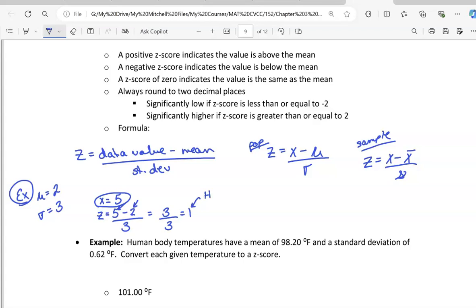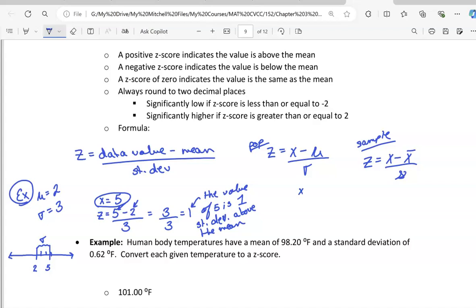So that tells us that the value of 5 is 1 standard deviation above the mean. And that makes sense if we were to think about these numbers. So our mean is 2 and a standard deviation is 3 units. And if I move 3 units, I get to the number 5. So this is 1 standard deviation above the mean.